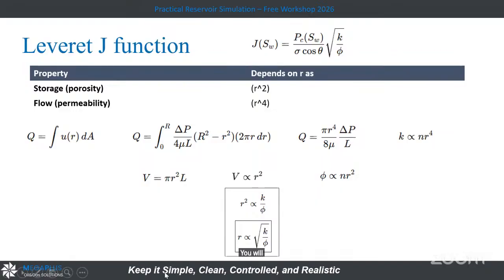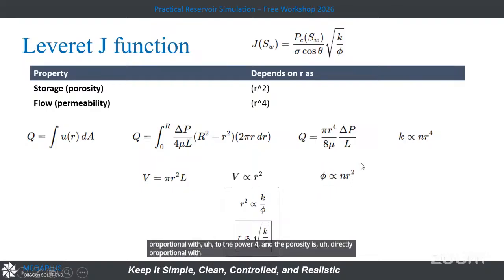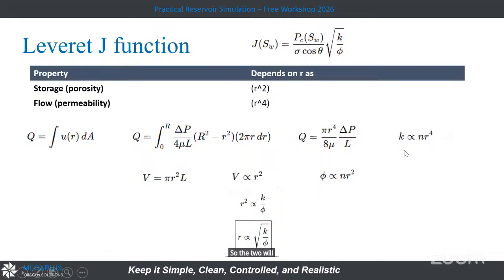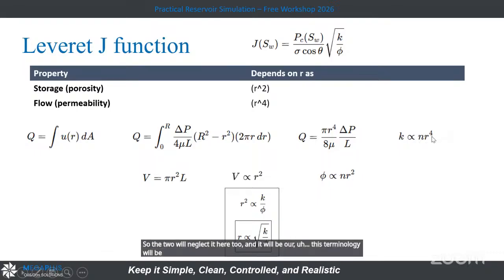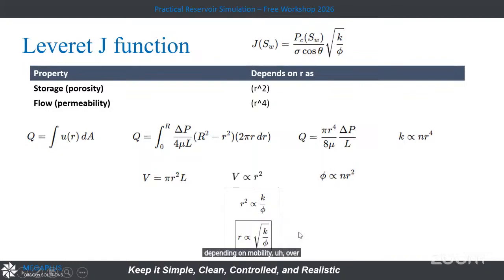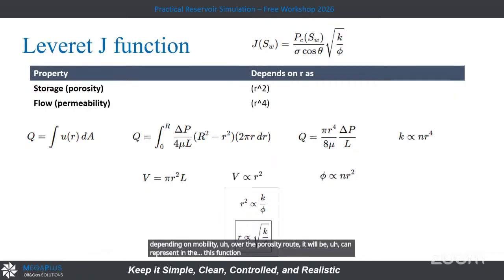With the Darcy equation, you will find that permeability is proportional to R to the power 4, and porosity is directly proportional to the square of R. So if you divide the permeability over the porosity, the terms cancel and it will be related to R squared. So the permeability over the porosity root can be represented in this function.